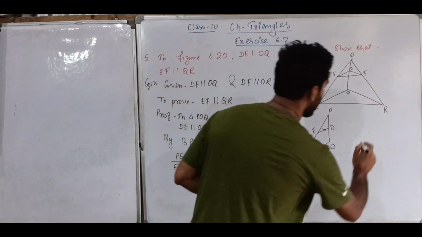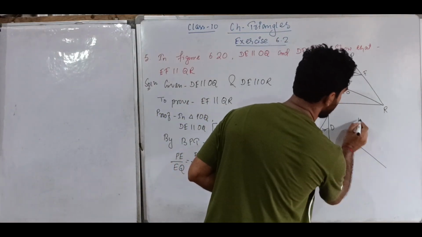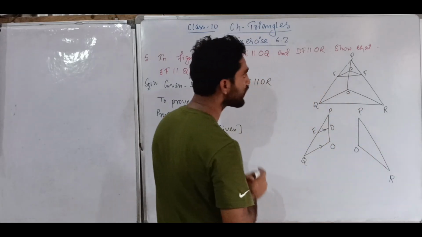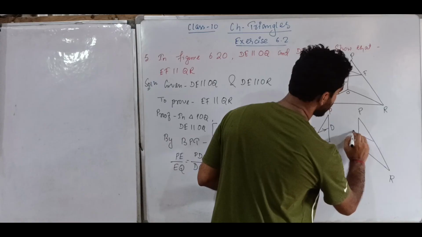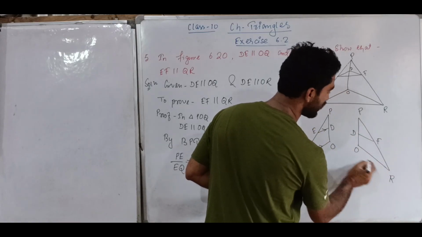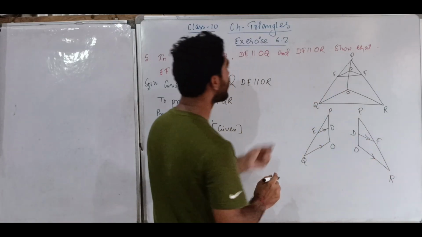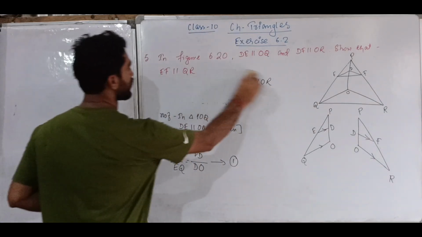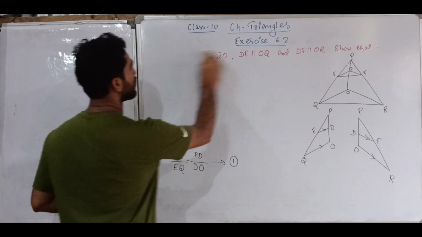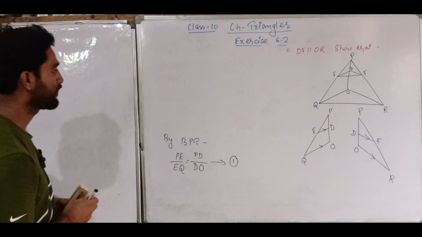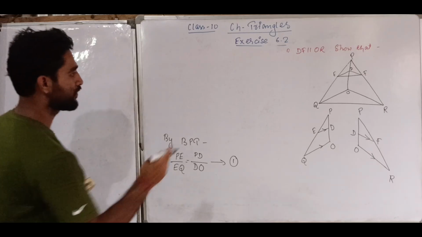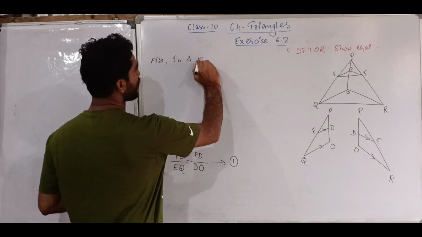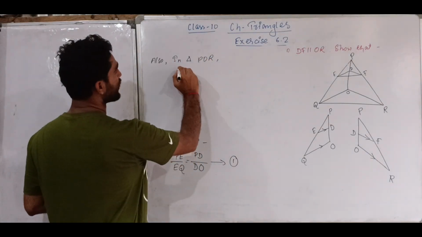Now we can see another triangle. This triangle is POR. In this triangle, DF is parallel to OR. DF and OR are parallel lines, given in the question. So also in triangle POR, what is given?